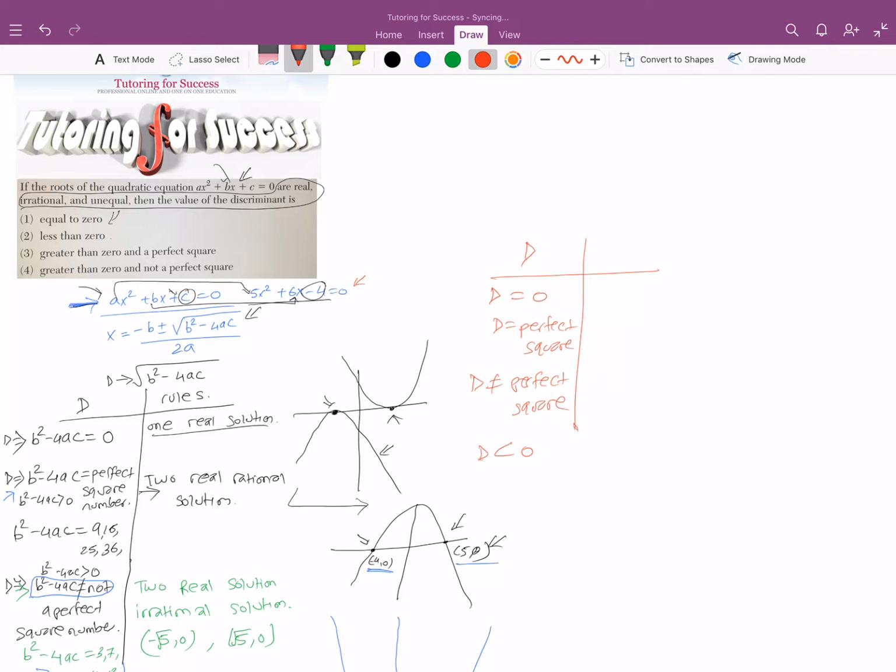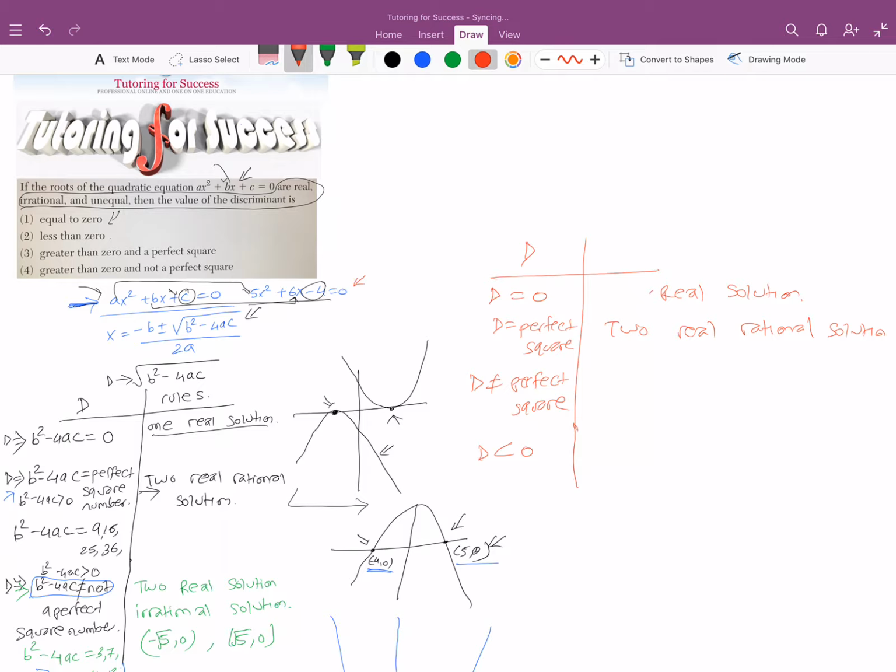Okay, so D equals 0, 2 real solution, and D equals perfect square number, 2 real rational solution. I think I made a mistake. That's not 2, that's 1.